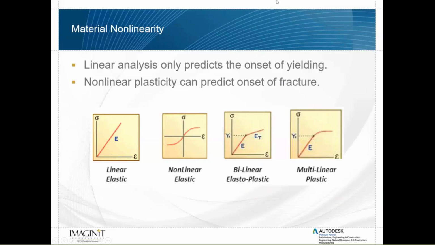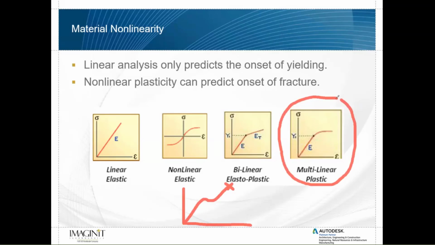Now, when you start getting into materials like steel, where you have a significant nonlinear working range, you might see what's called necking. With a steel material, you might get a curve that starts to work harden. You may see a necking region, where it flattens out and then continues to work harden until it fractures. So for steel materials and more complex nonlinear static curves, you're going to want to use a full multilinear plastic model.